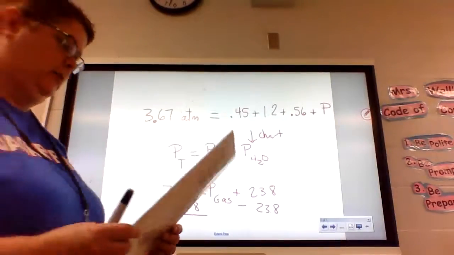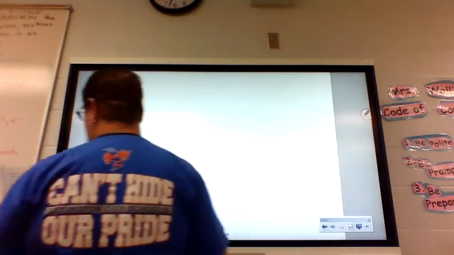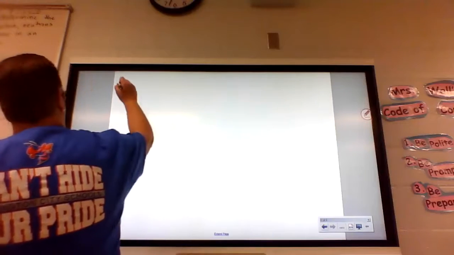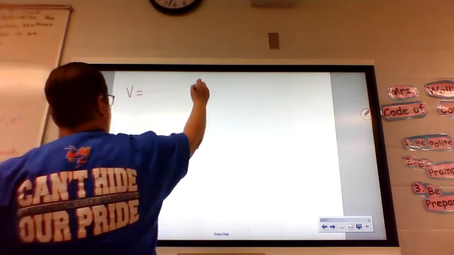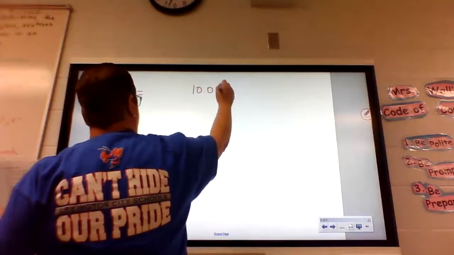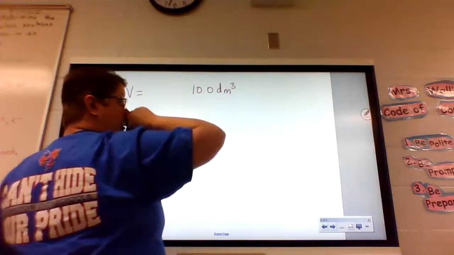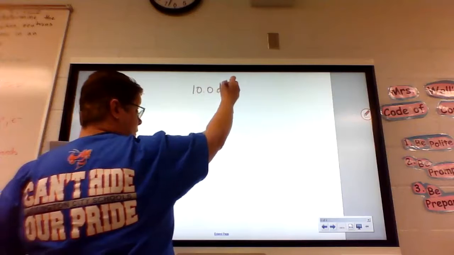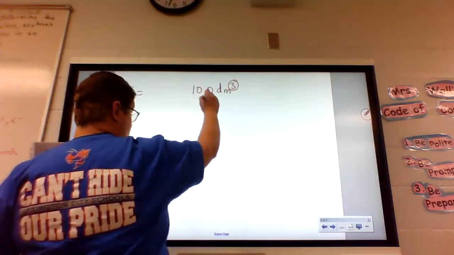Number 9 says find the volume. Okay, so what is the volume? And then it says decimeters cubed. So 10 decimeters cubed is a decimeter cubed. What's that tell you it is? That's the volume.